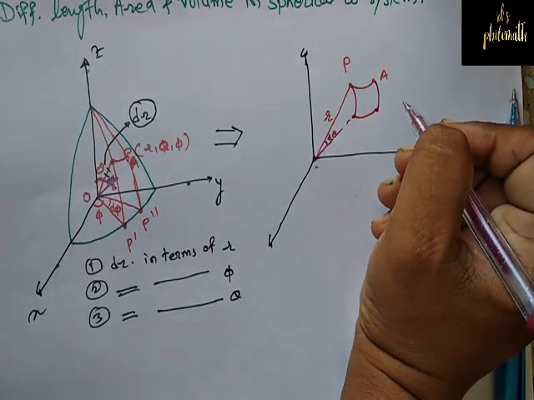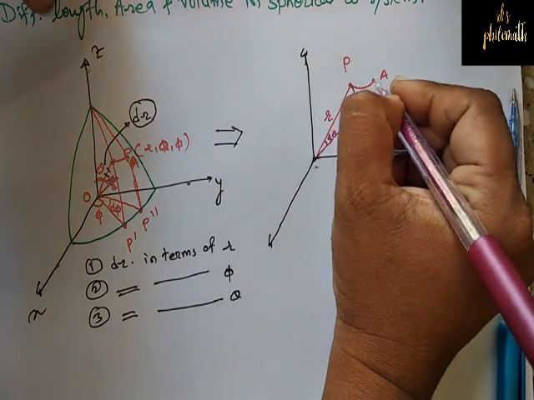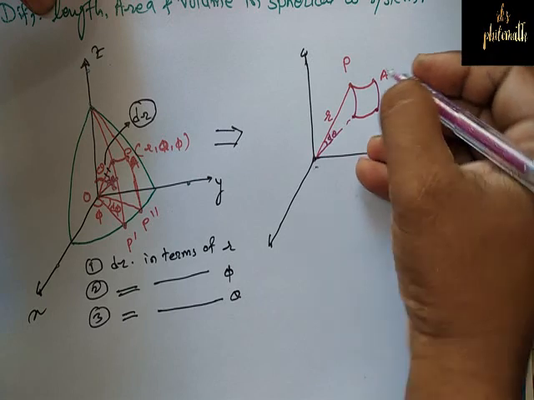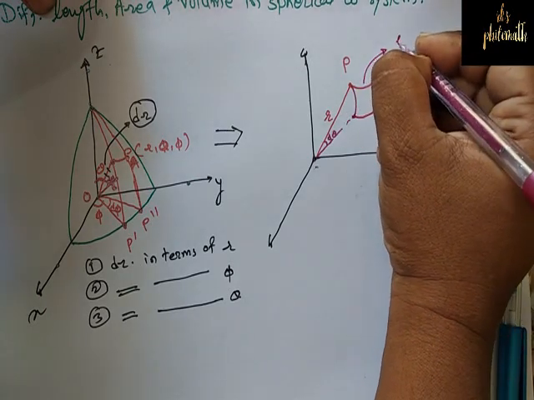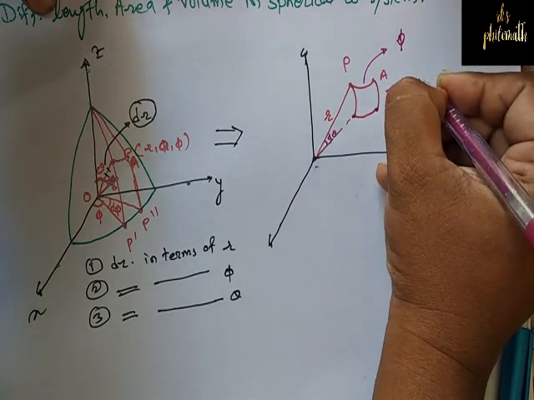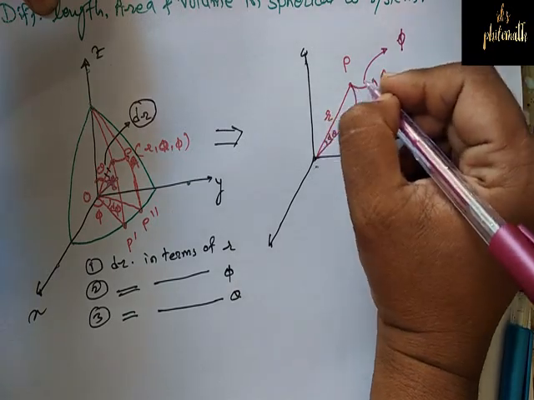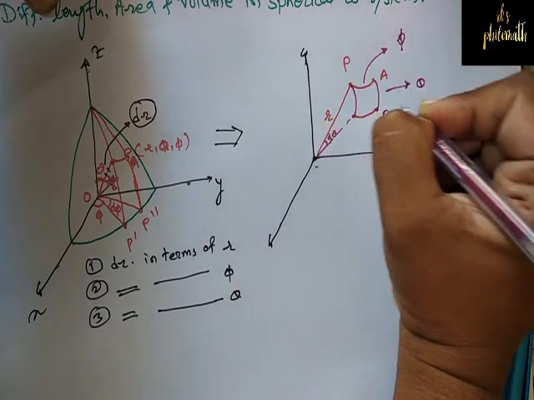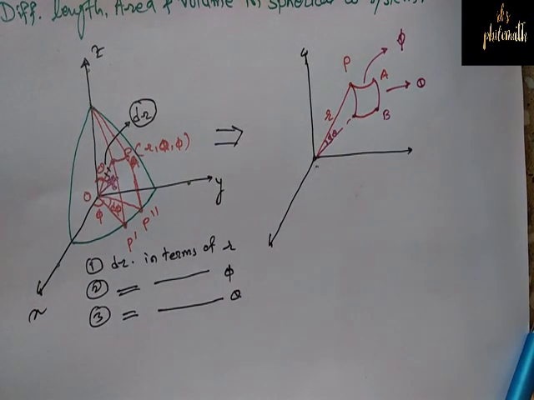Again we should understand the arc PA is the result of variation in phi, and this is the variation in theta. Now we have to find the arc PA and arc PB. So this will be the differential length in phi and theta direction.